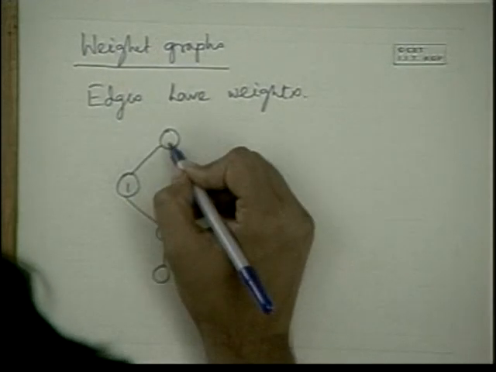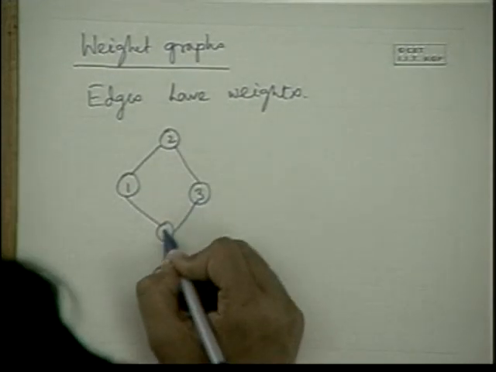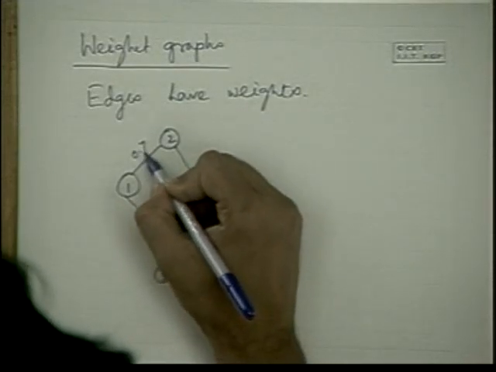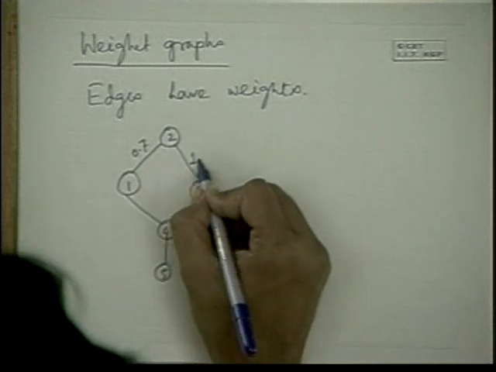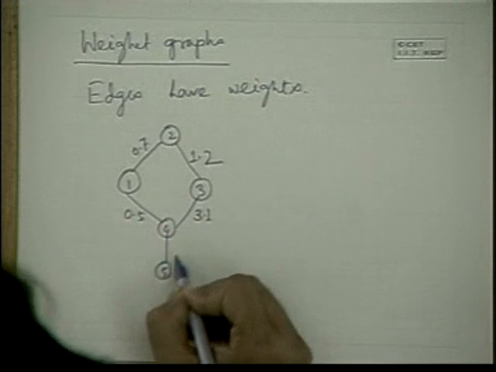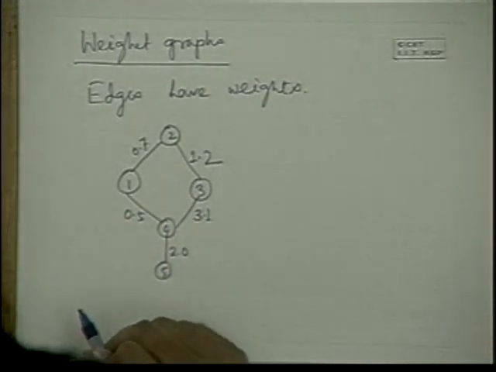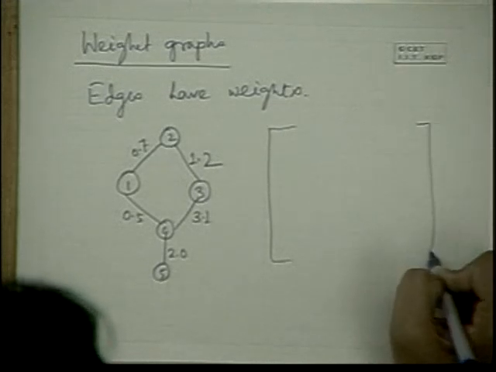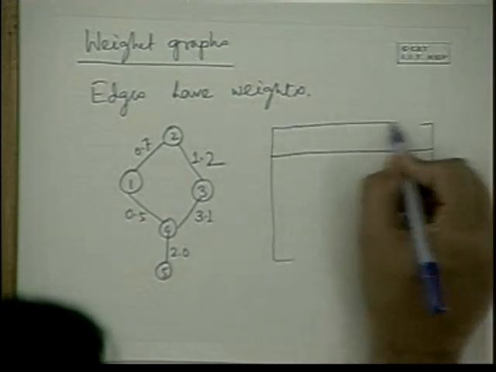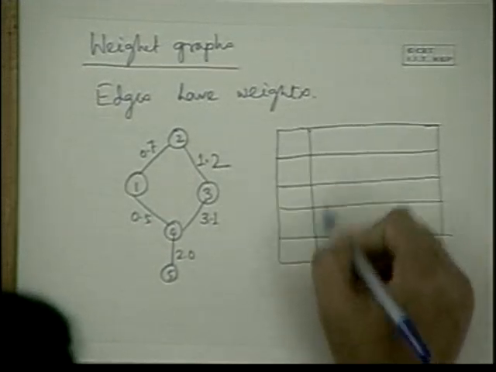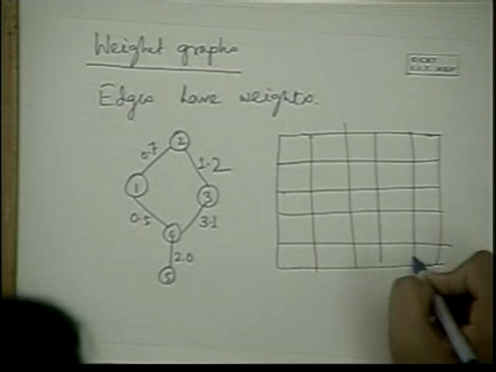Say this is 1, 2, 3, 4, 5, and each edge, say this has 0.7, this is 1.2, this is 0.5, this is 3.1, this is 2.0. And this can now be represented again using the 5 by 5 matrix, with rows and columns 1, 2, 3, 4, and 5.